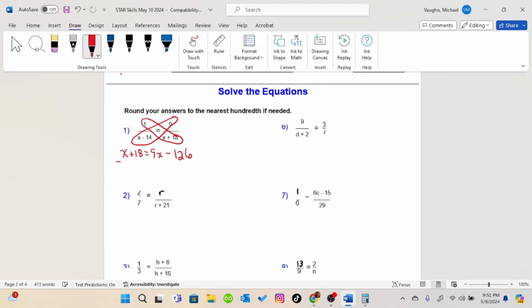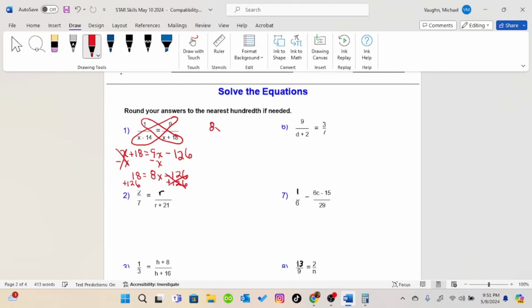Now I'm going to subtract x from both sides. That cancels it out on the left. And we have 18 equals 8x minus 126. Then we add 126 to both sides. And that cancels it from the right.